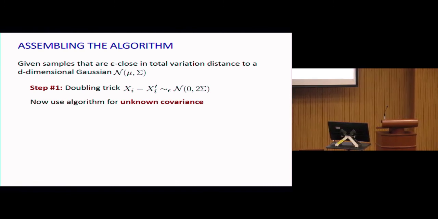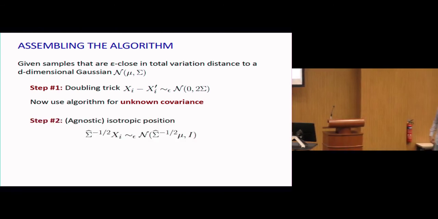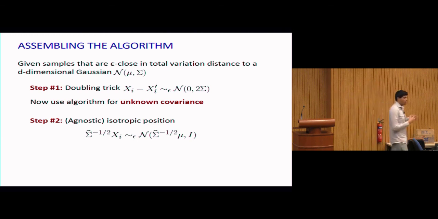Now I can use the algorithm for the unknown covariance case to estimate the covariance and find sigma hat. When I apply this sigma hat to my data, you can show that if sigma hat is close to sigma, then your new data after applying sigma hat to the minus 1/2 consists of noisy samples from a Gaussian whose covariance is now the identity. So this is a robust version of putting something in isotropic position that's resilient to an adversary corrupting some fraction of the data.